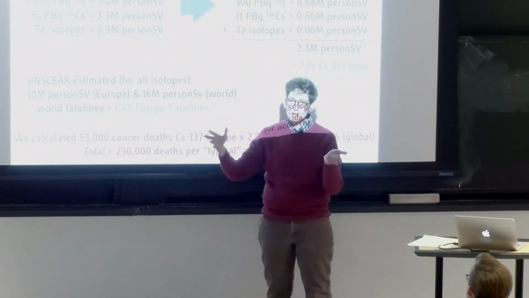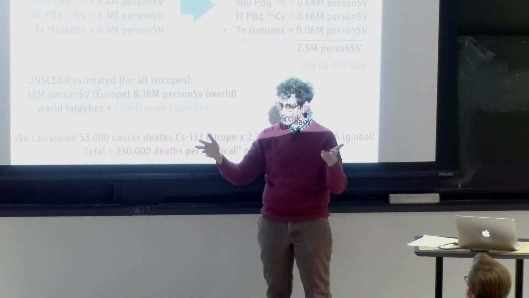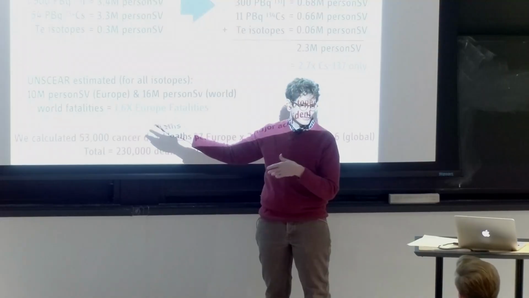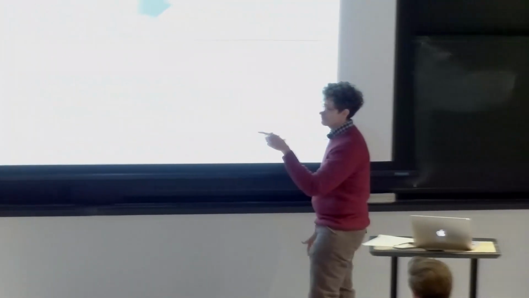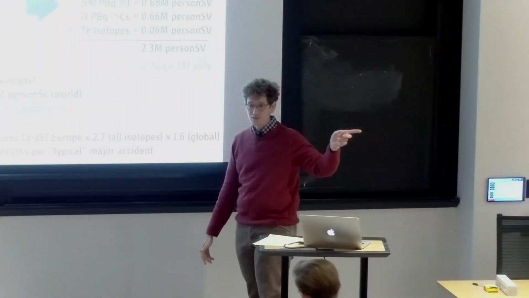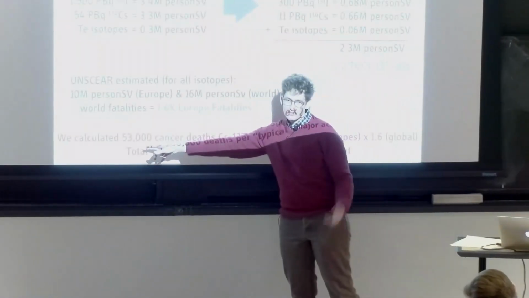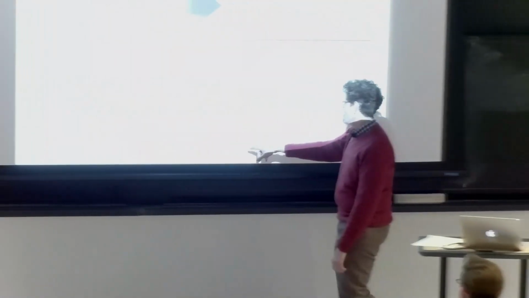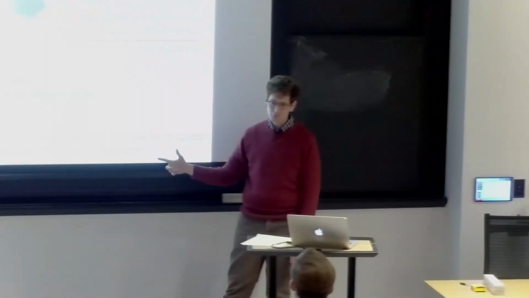I earlier made the argument using that Fukushima map that it is roughly a factor of 2. This is a little bit more conservative, so let's use this number. So we would take our calculation of 55,000 or 52,000 deaths, and multiply it by 2.7 and by 1.6. So I averaged those together and suggested we use 53,000, times 2.7 times 1.6, which gives us 230,000 deaths per typical major accident worldwide, all isotopes.